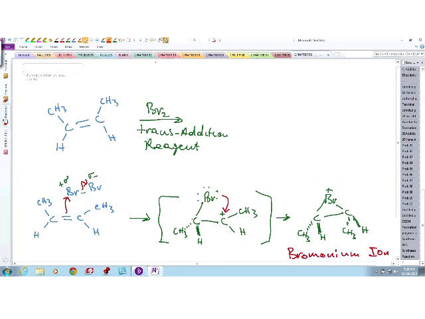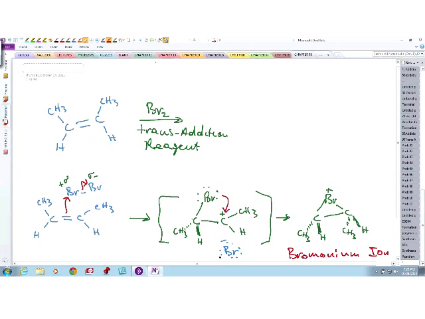And then what is going to happen, keep in mind that we have this bromide here, it's also formed. The bromide that is released right here, so that bromide will now come in.